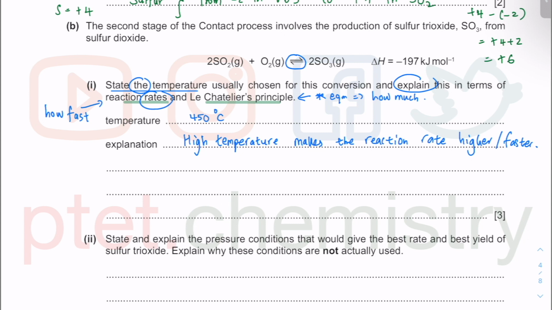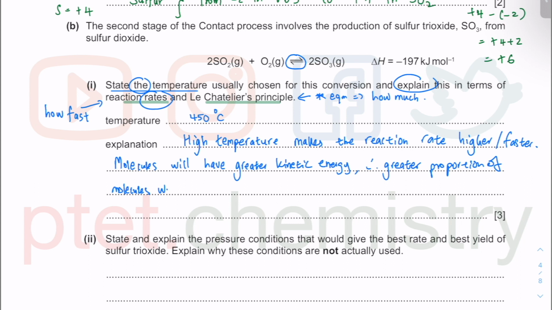Molecules will have greater kinetic energy, and your whole Boltzmann distribution would shift to the right-hand side, and therefore there is a greater proportion of molecules with enough energy greater than or equal to EA, therefore rate is higher.